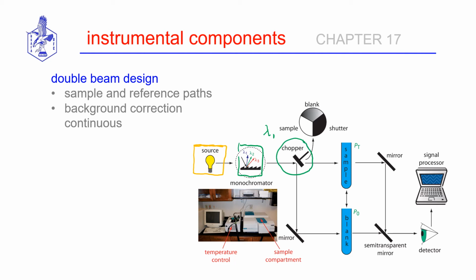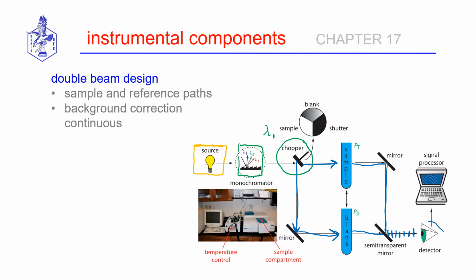It's a rotating blade with a mirror on it, such that half the time as it's rotating, half the light's going to go in this direction and pass through your sample. The other half is going to be focused down onto this mirror and get reflected over into a blank. So once that radiation passes through the sample up here, it bounces off a mirror and recombines with the beam coming through the blank. And so we have little segments in time of sample, blank, sample, blank, sample, blank.